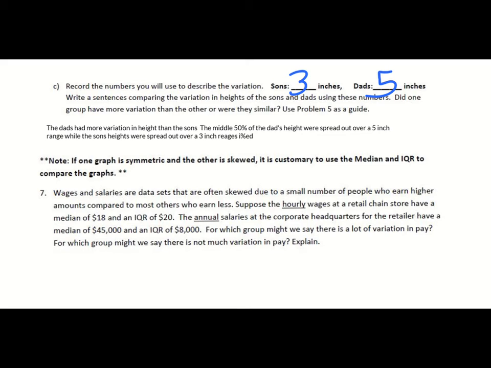Okay, let me spread this out so you can read it. I can't spell range. Let me fix the spelling on range.